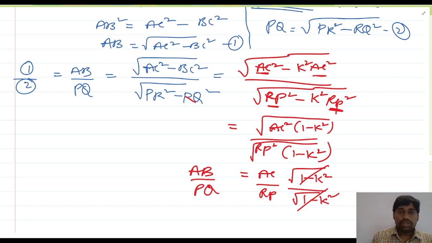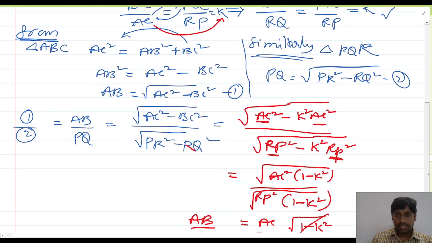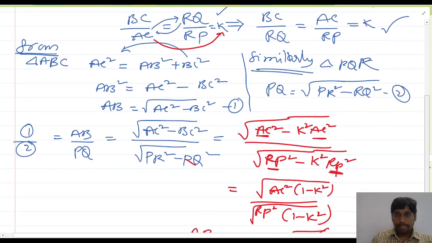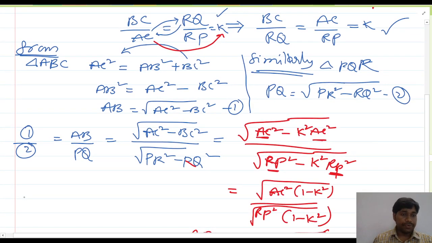This color is somewhat bold, so I want to reduce the boldness. Okay, done. Now see, previously we had the relation BC by RQ is equal to AC by RP.